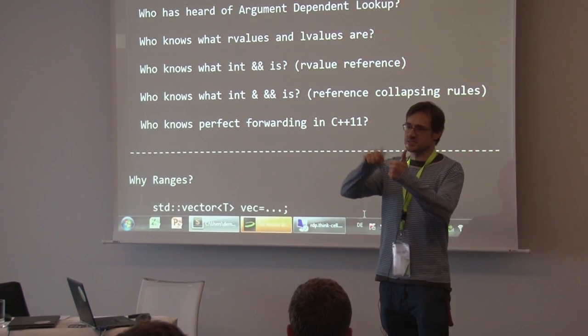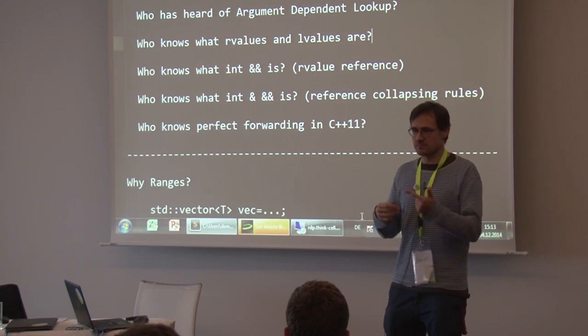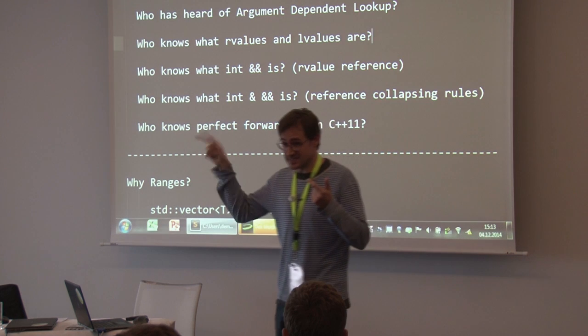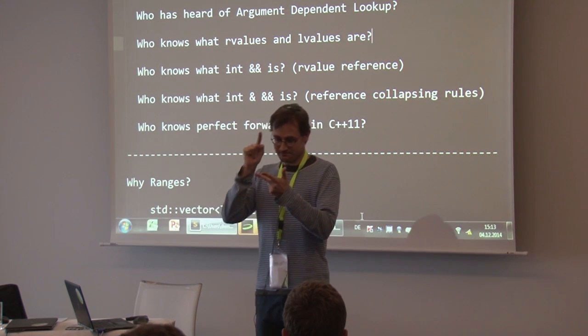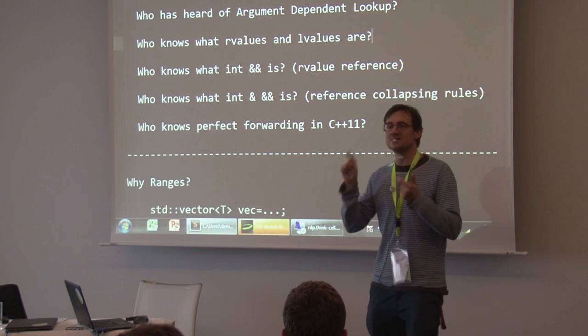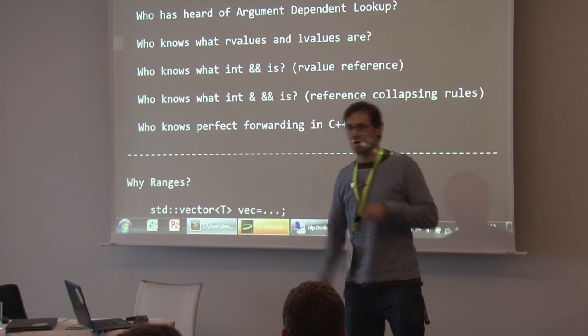A const ref stays a const ref. An lvalue reference, a regular reference, single ampersand, will stay a single ampersand. And an rvalue reference will stay an rvalue reference. So whatever you're getting, you're just passing on.